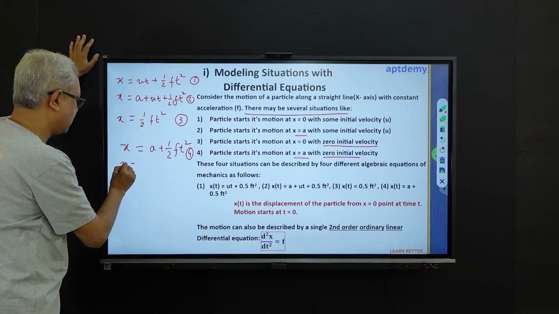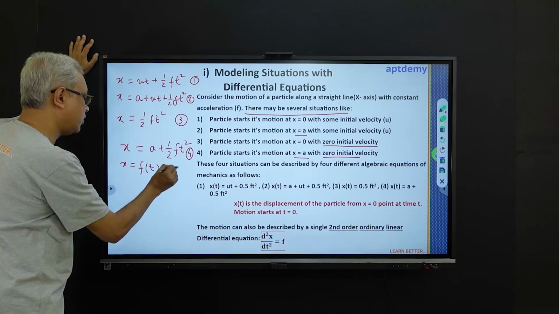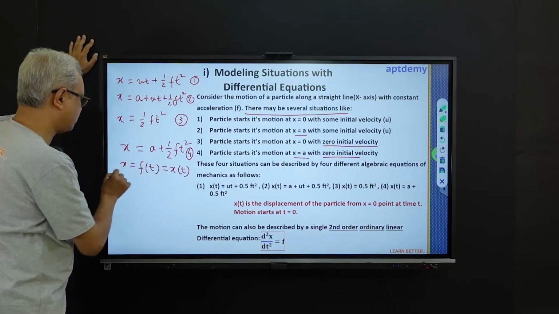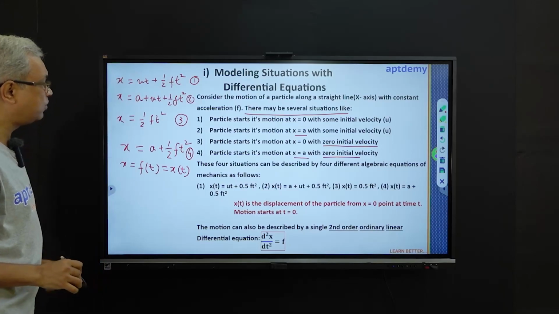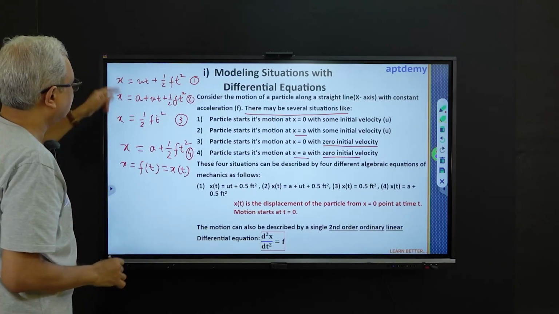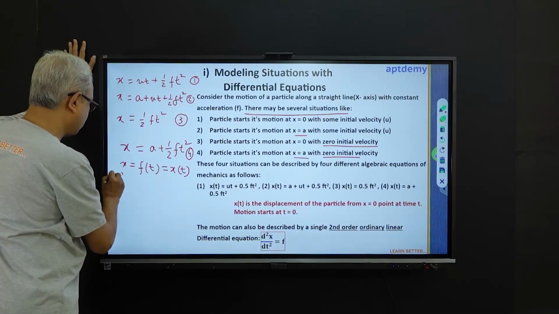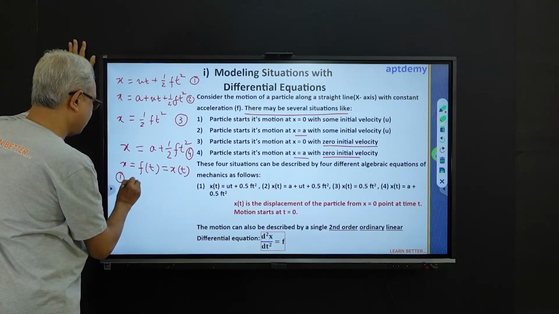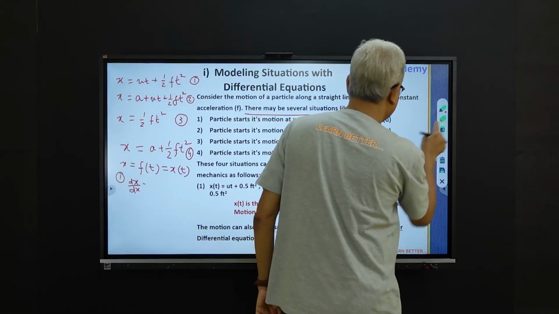You see, x is a function of t, or you can write x is equal to x of t. It is a function of t. t is the independent variable. And now whatever be the situation, start from the first, differentiate x with respect to t.